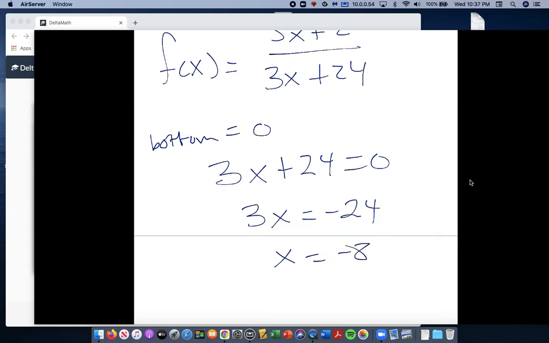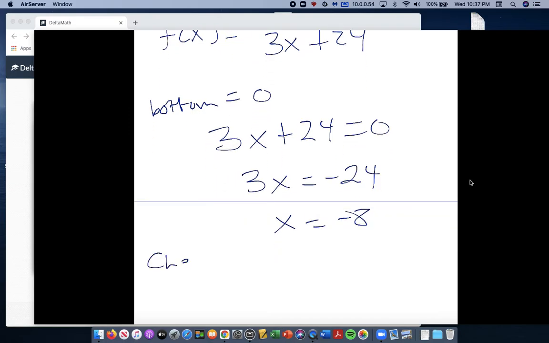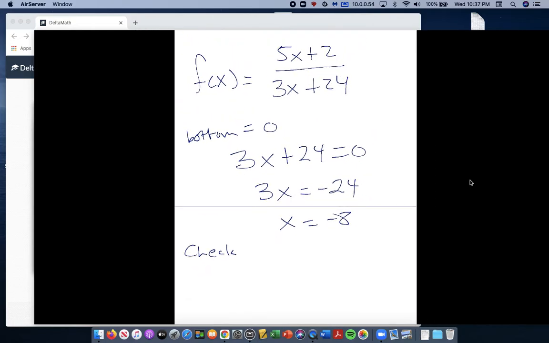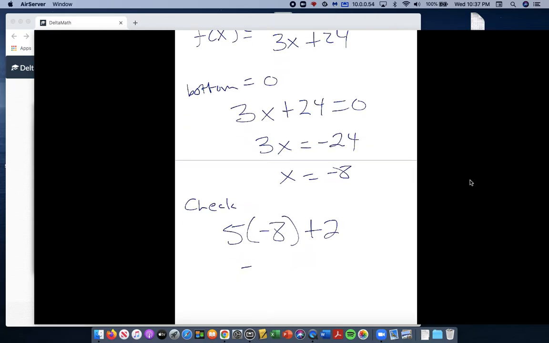Now we just need to check that on the top. We need to check that 5 times negative 8 plus 2 does not equal 0, and it doesn't, because that's negative 40 plus 2, which is negative 38.